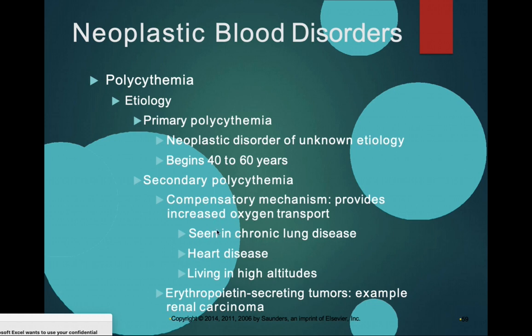So if there are conditions in which the body is recognizing, hey, we have too little oxygen, we need more, like in chronic lung disease or chronic heart failure or heart disease, or you're in a higher altitude, then your body's going to push out more EPO. Or if there is an erythropoietin secreting tumor, like a renal carcinoma, that can do it as well.